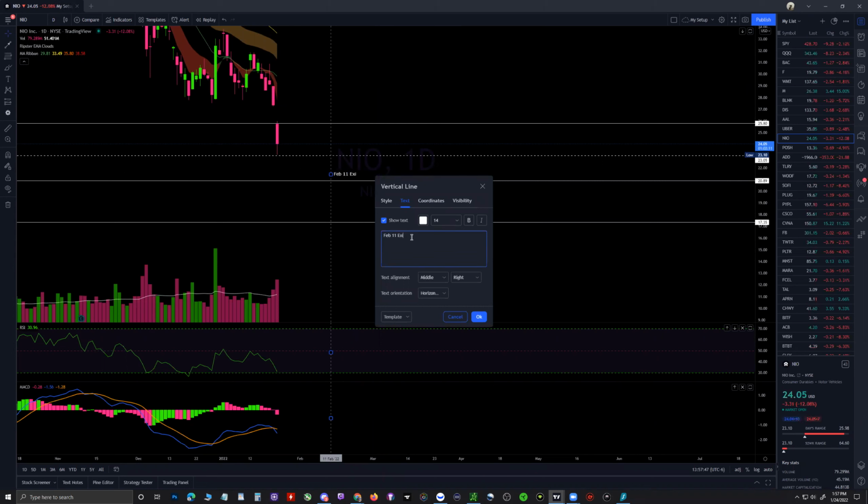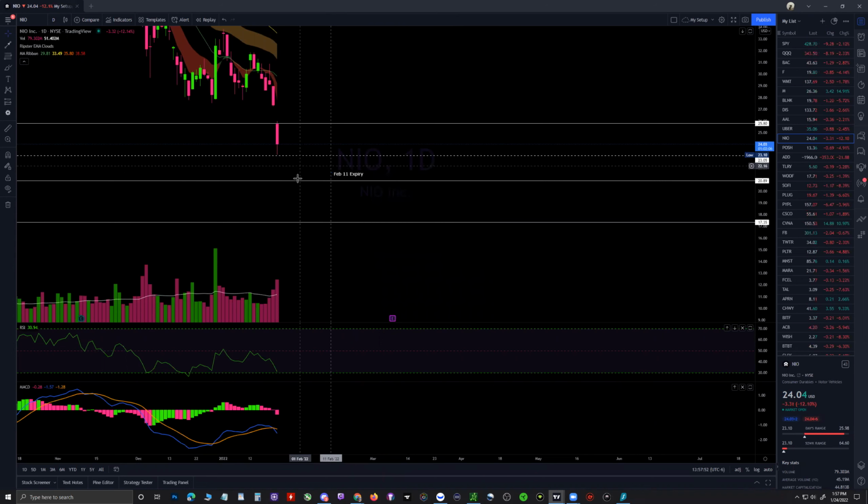February 11 expiry. We want the price of this stock to reach this strike price line before this vertical expiration line. So that's what we're looking at. So I'm thinking around $23.